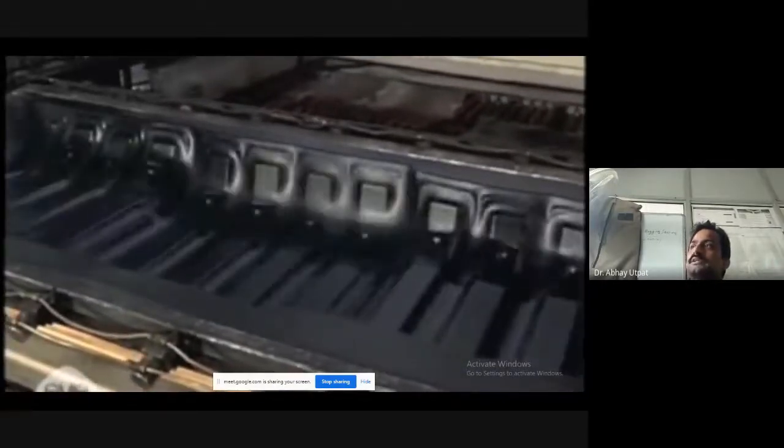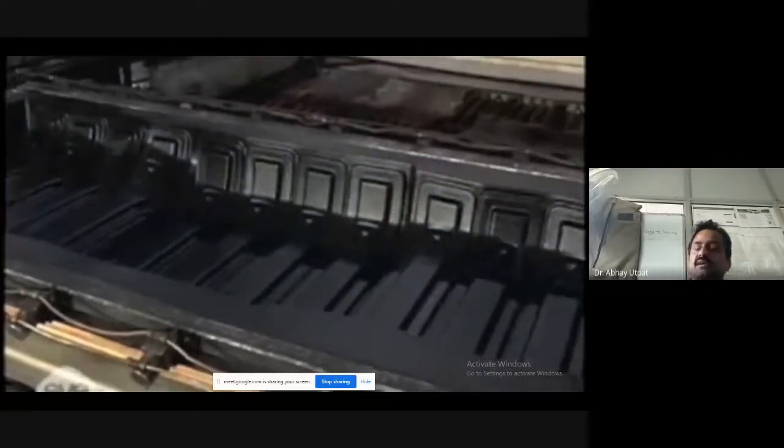How it is produced: this is a plain sheet, and with the help of vacuum, shape is given. Check this, how beautifully this dashboard is prepared.